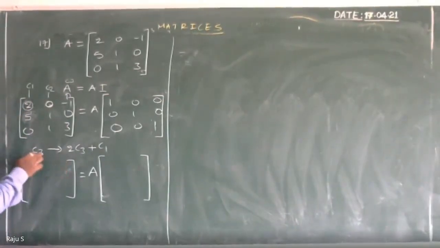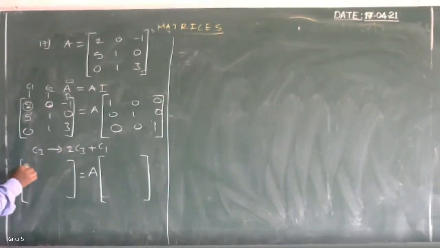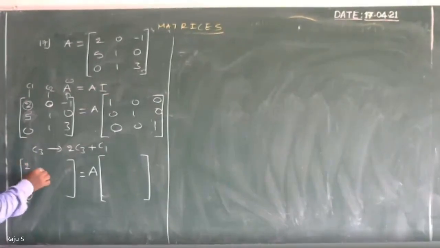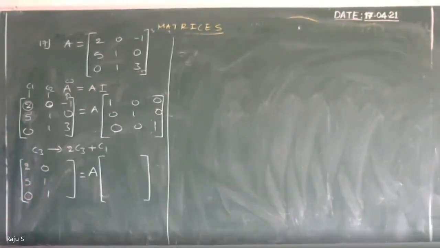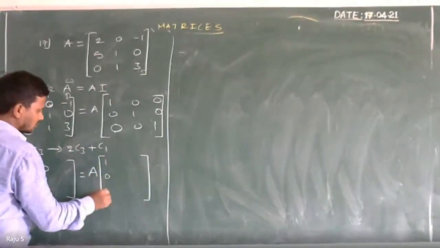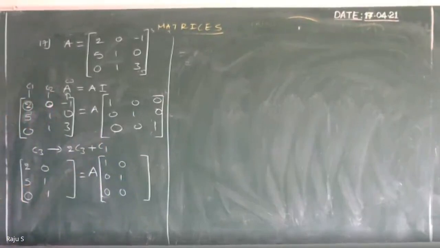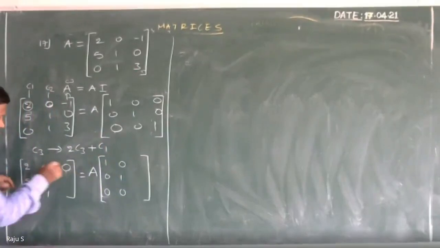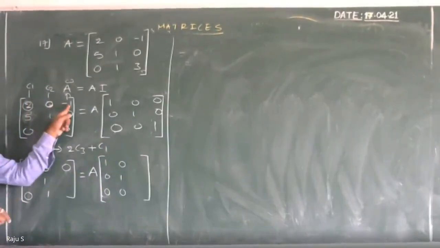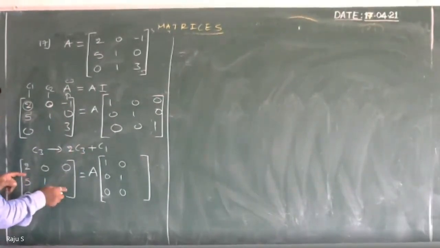Then after you can simplify this C3. So what is C1? 2, 5, 0. C2, 0, 1, 1. Remains same. Here also C1, C2 same. 1, 0, 0 and 0, 1, 0. Fine. So what about C3? This element directly 0. So to make this minus 1 only, we apply this operation just to find two values alone.